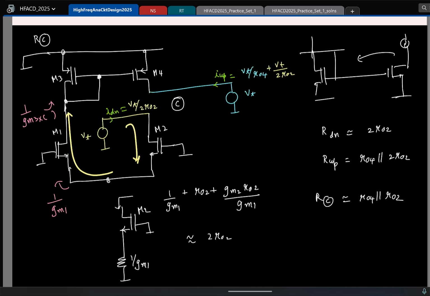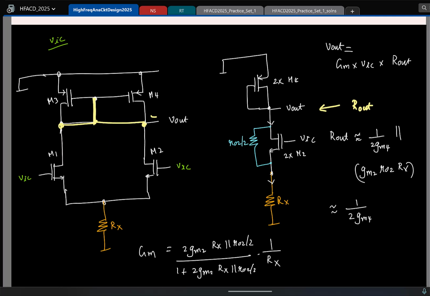Here also we are doing the same. Here also I am saying that if I have these two in parallel, I am ignoring the R0 component. Those are assumptions you do. If I don't approximate this as 1 by 2 GM4 and write it, it's going to be really long. I'm not gaining anything besides getting the accuracy of 4 decimal places or something. That's not the point. That much is something you should do.